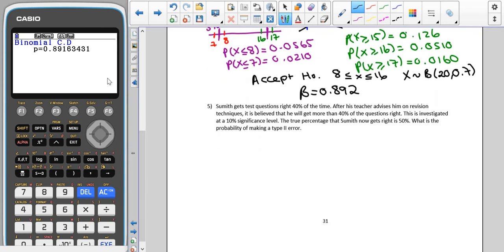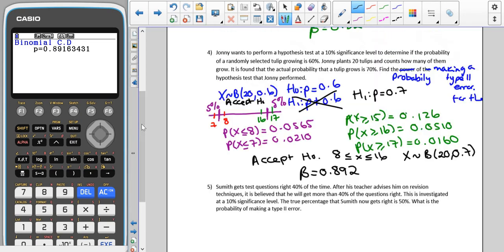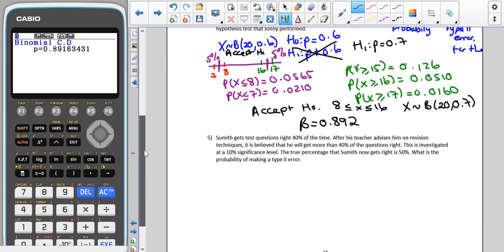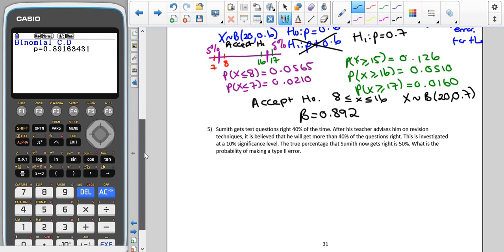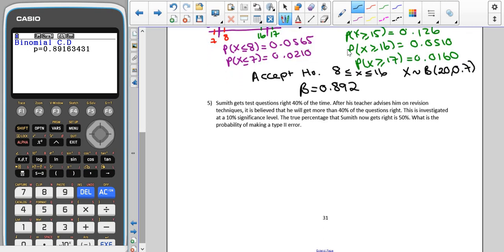So for our last example, we have Smith gets test questions right 40% of the time. After his teacher advises him on revision techniques, it is believed that he will get more than 40%.